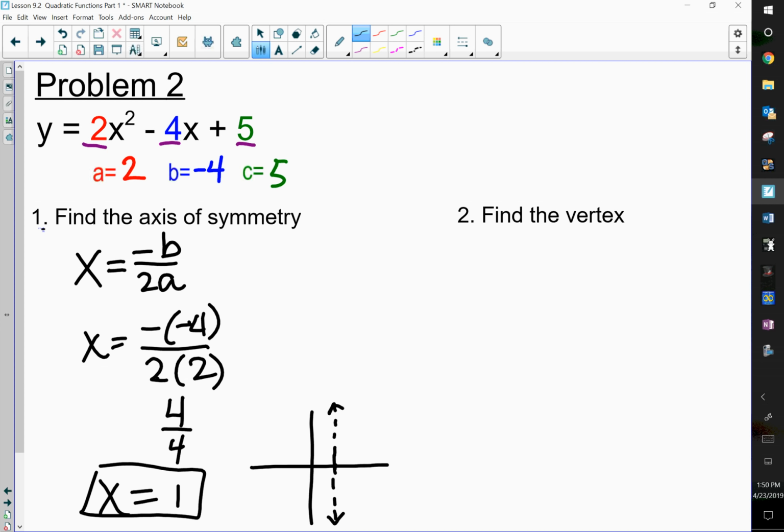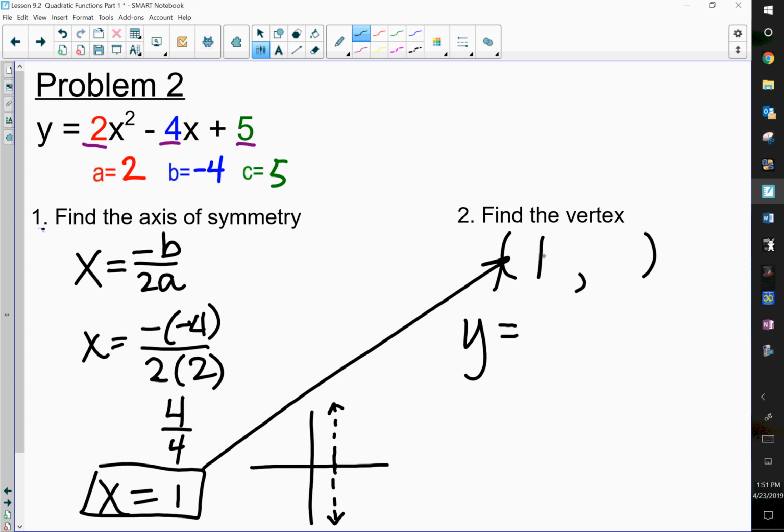To find the vertex, you're looking for a coordinate, an x and a y. If you found the axis of symmetry, then you have found half of the vertex. The x coordinate is 1. Now to find the y coordinate, you just put x equals 1 in place of each of the x values in the equation.